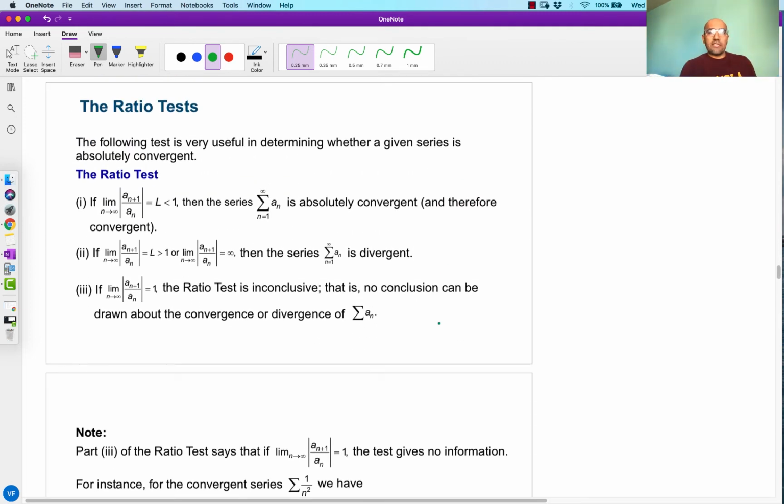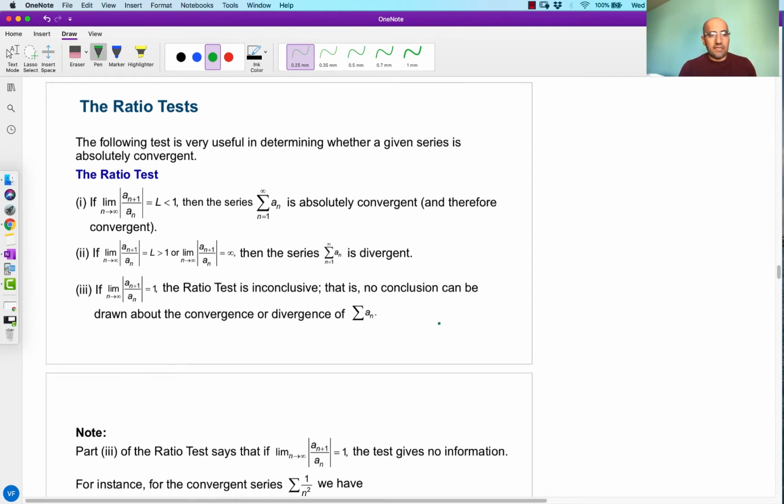The following test is very useful in determining whether a given series is absolutely convergent. If we are given a series and we want to establish whether it is convergent or not, we can apply this test. We want to take the n plus 1 term divided by the nth term in our series, in that order, take their absolute value, and then apply the limit as n goes to infinity.